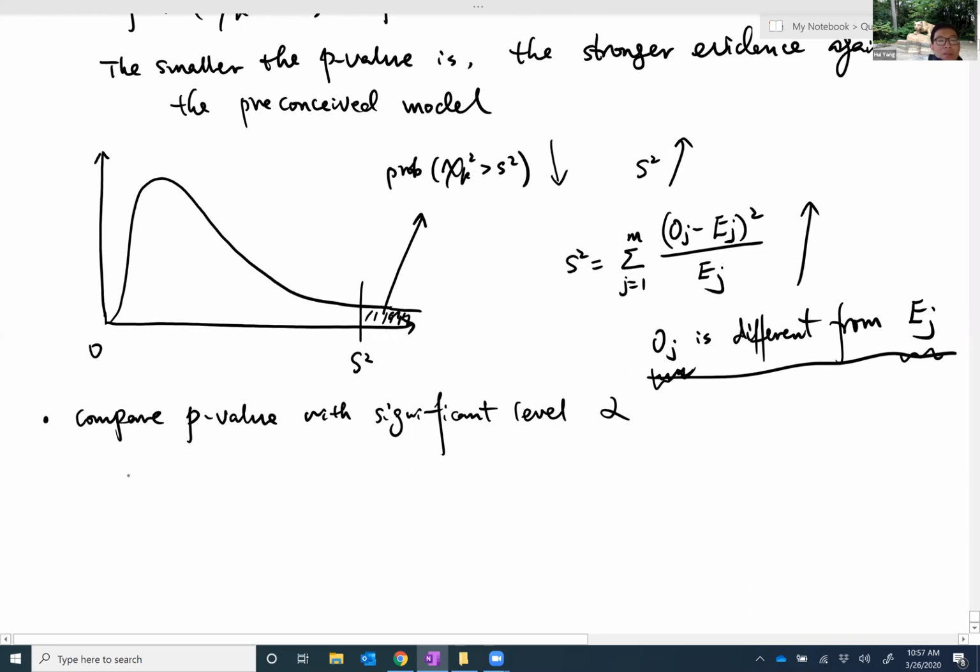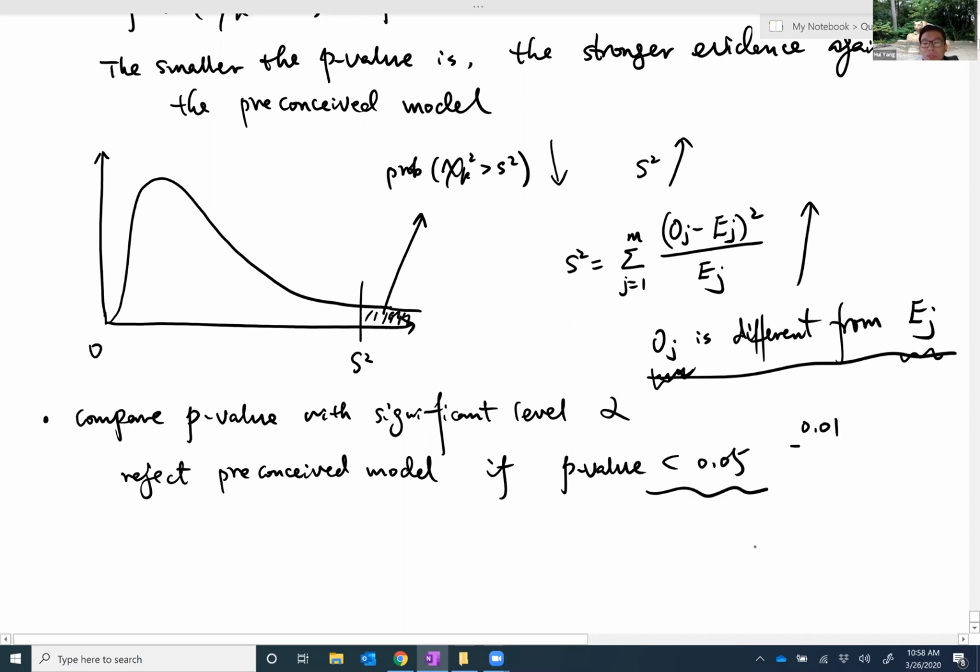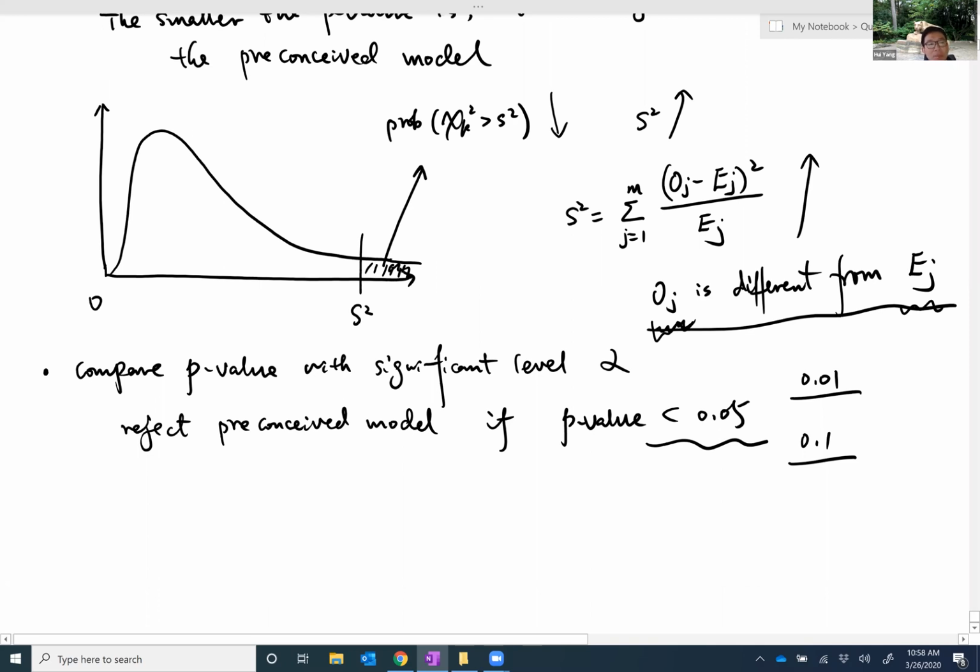And we're going to reject the preconceived model if the p-value is less than 0.05. So this is our commonly used significance level. You can also use 0.01 if you want to be pretty rigorous or give a very strict criterion, or you can relax and give 0.1. So this is very similar to what we did in the hypothesis testing, but this is a p-value approach.